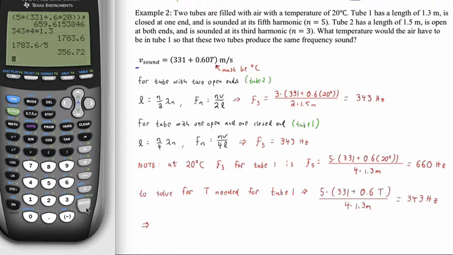So then that's going to give me 331 plus 0.6 times the temperature we're trying to solve for equals 357. But I'll keep the unrounded version in my calculator.